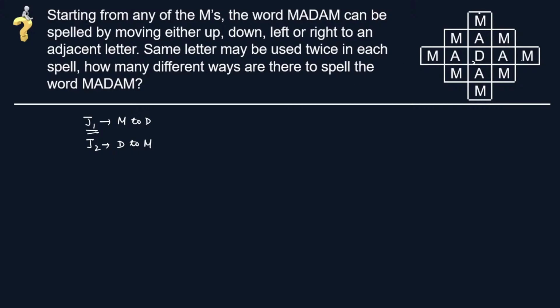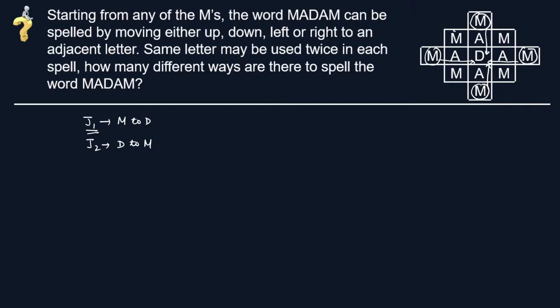If I consider this M, to reach D we have only one way. If we consider this M, again we have one way, this M, one way, and this M, again one way. So there are four ways to reach D from M if we consider the extreme M's here.